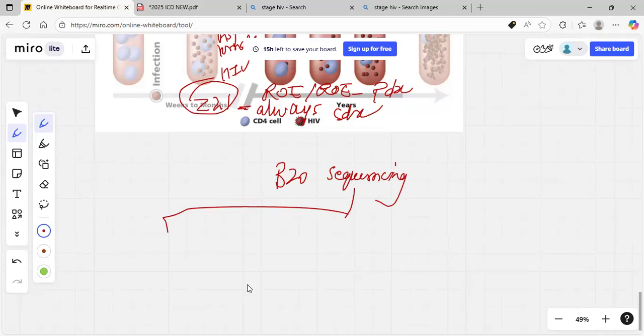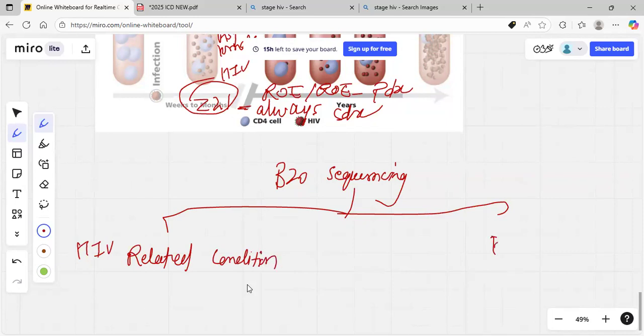So B20 sequencing is based on two situations. You have to see whether the patient is coming with a related condition, related meaning an HIV related condition, or an HIV unrelated condition.